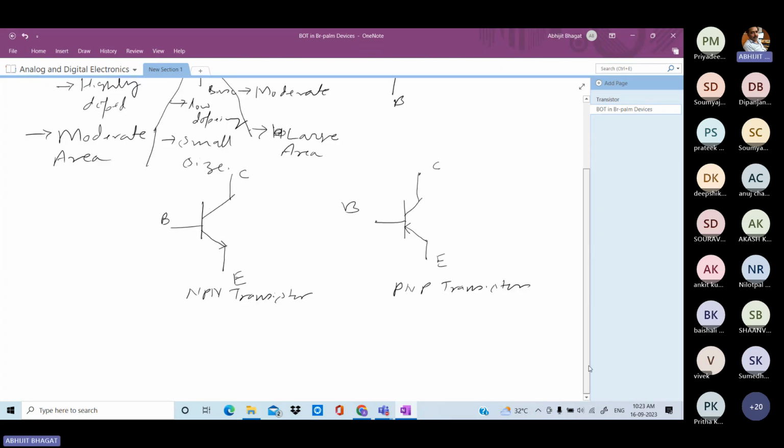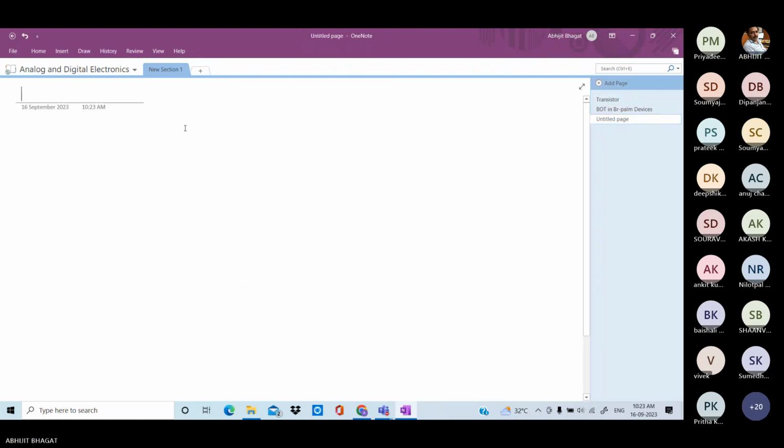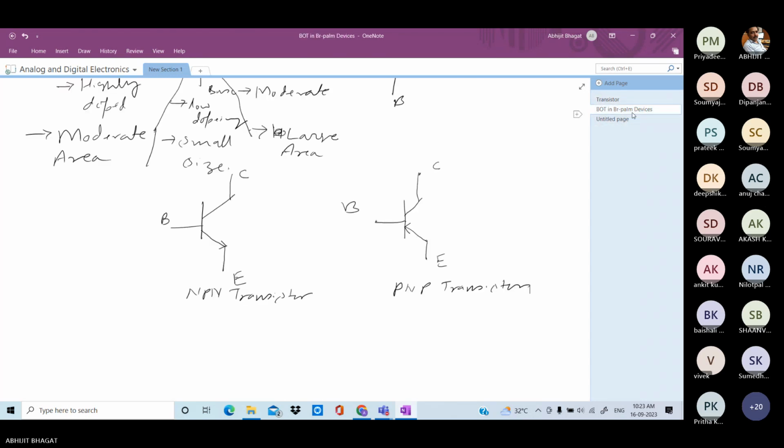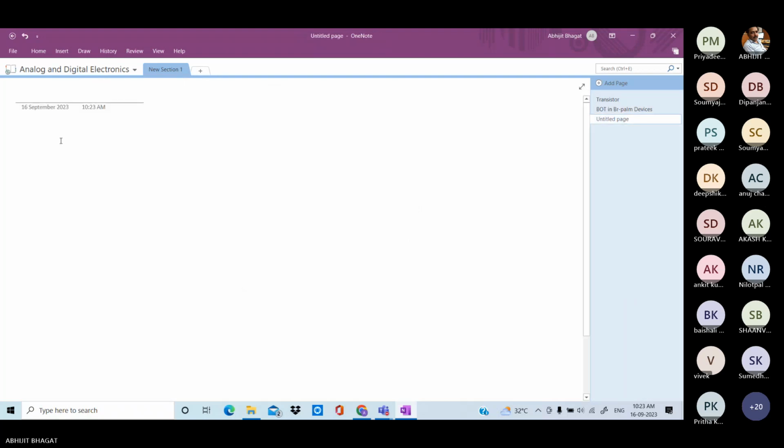Next topic is, what are the applications of transistor? So first one is, it is used for designing the amplifier. You can note down.